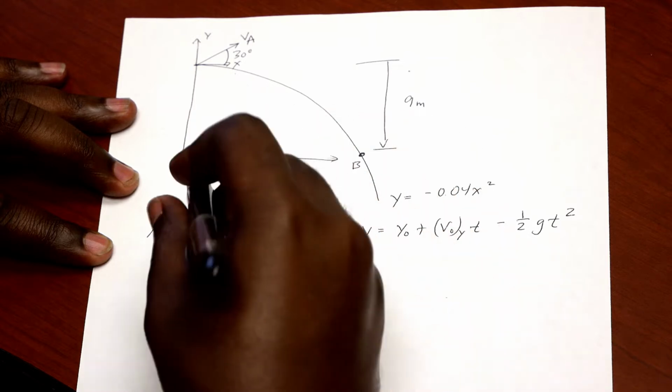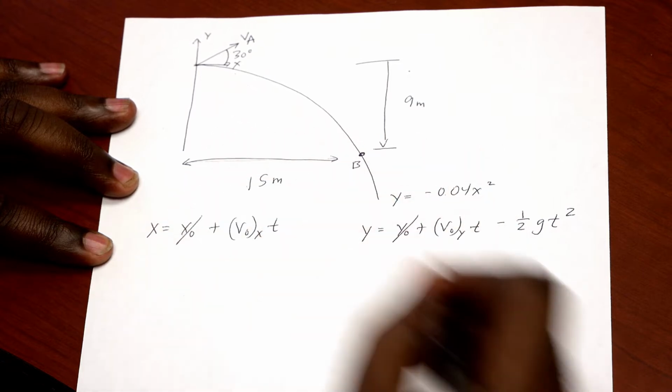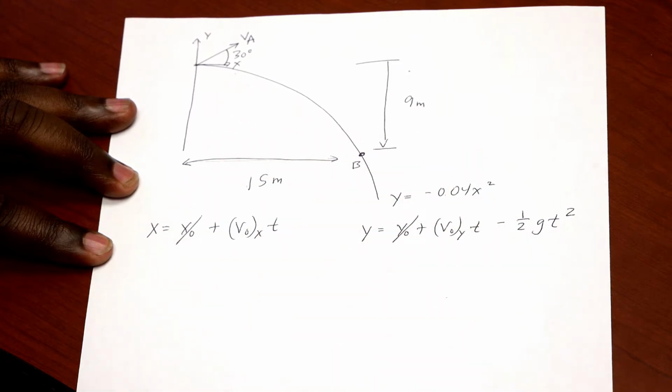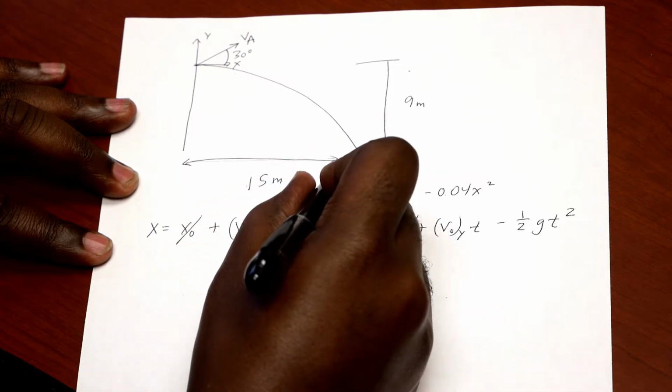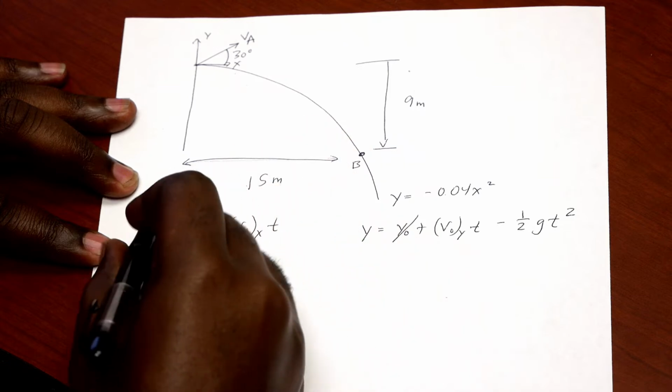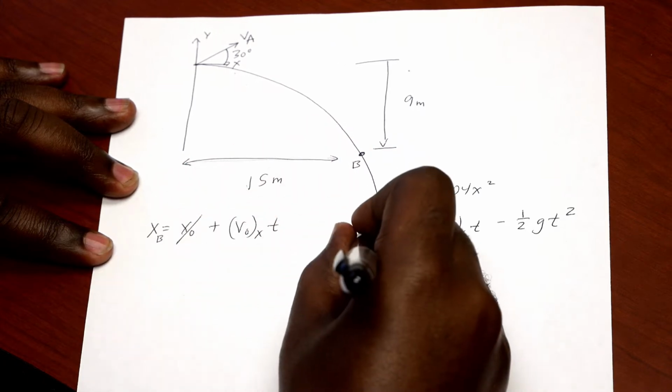Well, we know initially, because of where we established our origin, that x0 and y0 are both 0. And because we know that the ball hits at point B, then this x that we're trying to determine becomes xB and yB.